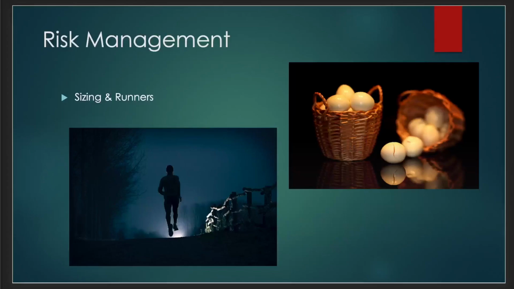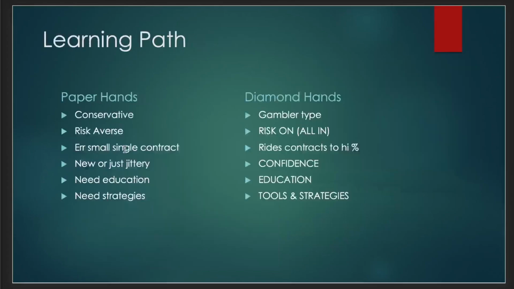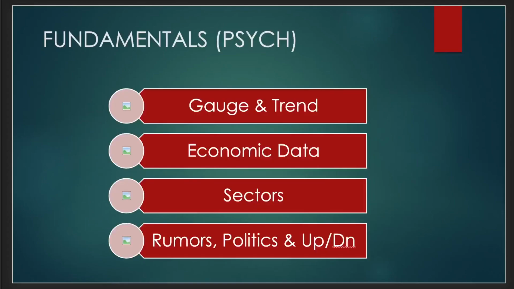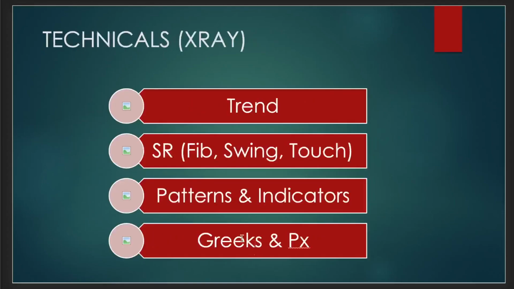That is how risk management works properly, and that's why you have to size properly. You have to leave room for runners, and it is a mistake to get small single contracts. Sometimes we get smaller contracts because they're cheaper. But the problem is that if you didn't look at, for example, the delta on that contract, which is why somewhere in here are the Greeks, and that contract has a probability of going in the money of 10% or 15%, then basically you threw your money away.